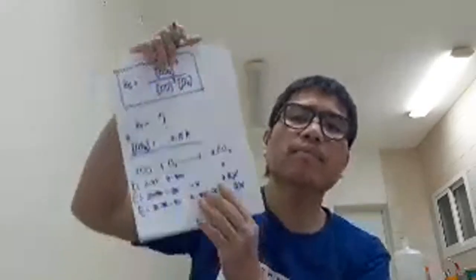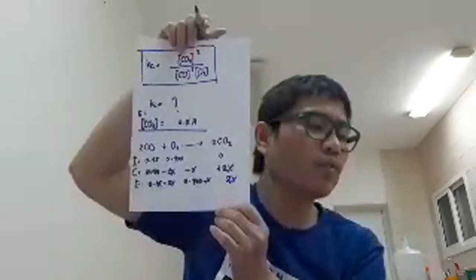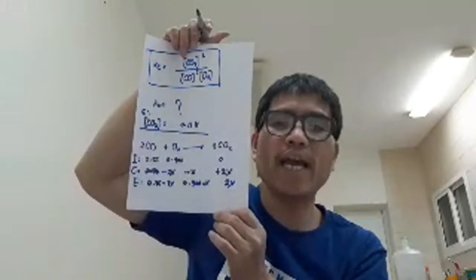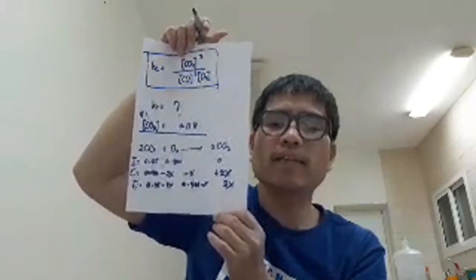Okay? Equilibrium, 0.25 minus 2x for carbon monoxide.